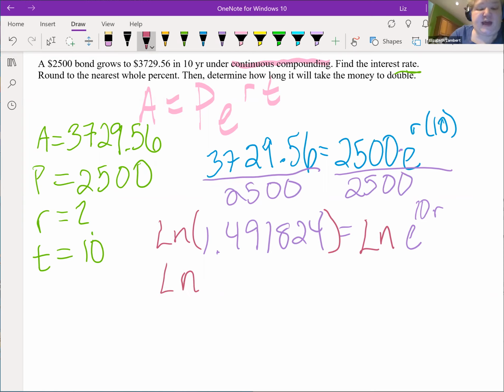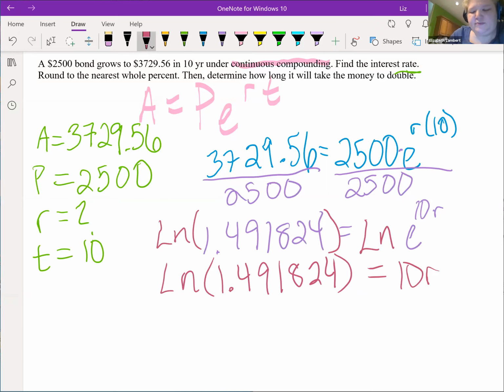But I do have that as one of my calculations to be done. And then over here, we have 10 times R, which would come down on the line. And then the natural log of E: E to what power is E? 1. So we don't even have to write it, it's times 1.